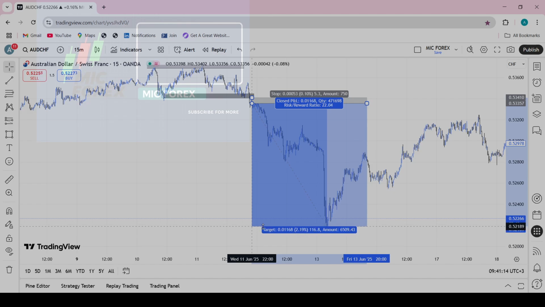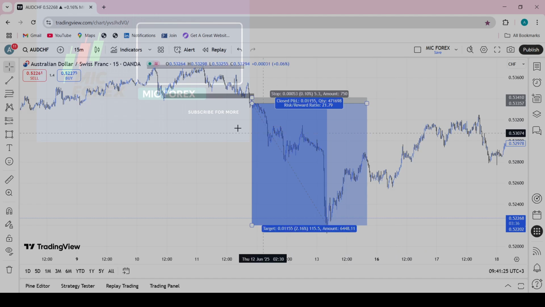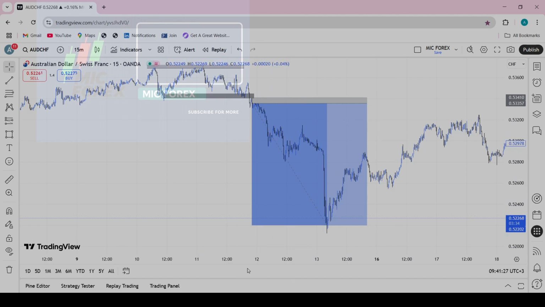I can't read this. 1:21. The reward ratio is 1:21. Wow. But then you have to wait for this one for 2 days. Holding for 2 days is not too much to ask. This is a very good strategy to use.